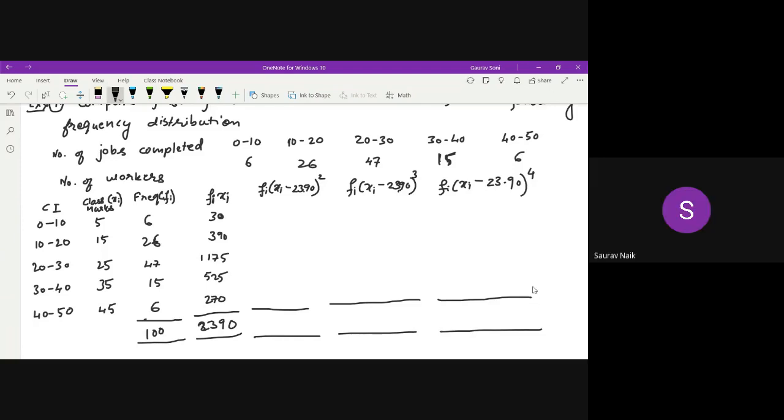Sir, can you tell how to do this? First, we need to enter this function, right? Yes. Press alpha, choose the variable y, which will represent the frequency. Then take a bracket. Then again alpha, choose the variable x.